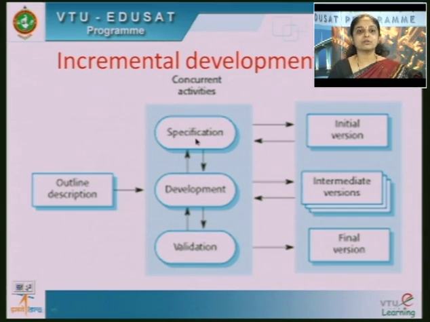Now, the big thing about incremental development is that you will get an initial version of your software product, many intermediate versions and a final version. That means because you are developing the software product in the form of increments, you tend to get many different intermediate versions. These intermediate versions could be in the form of prototypes, right.